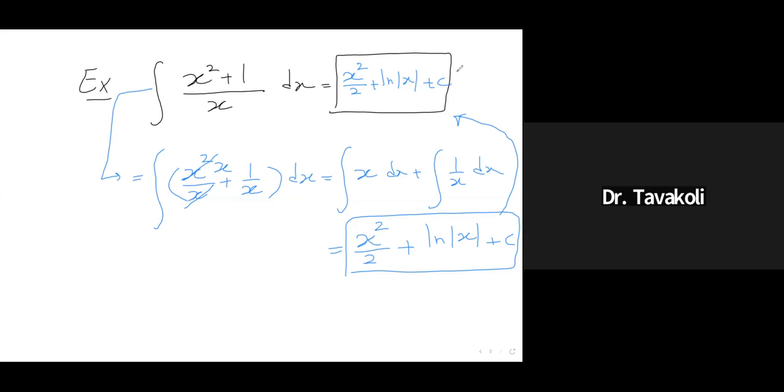Similar to this, let me give another example. Again, try to do this on your own before watching my solution. The integral of x squared plus 1 over radical x dx.